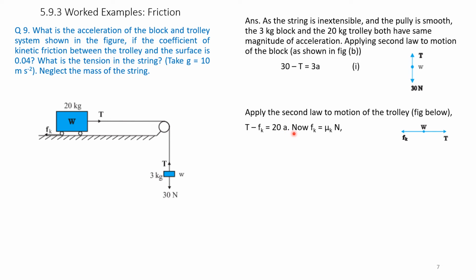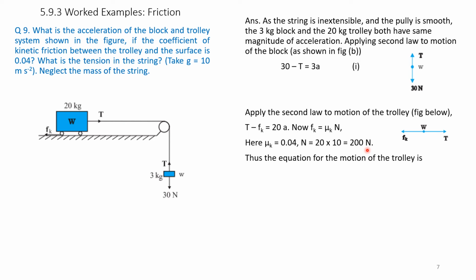is equal to 20 kg into A. Now Fk is equal to mu k into N. We know that Fk is equal to mu k into N, and it is given that mu k is 0.04. N is equal to 20 into 10, that is 200 newtons.